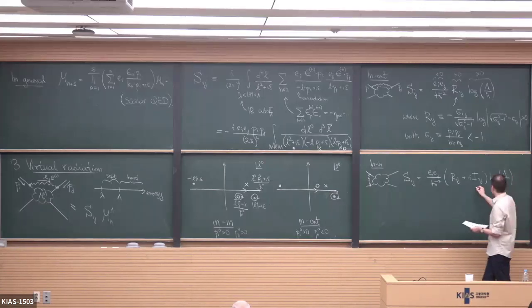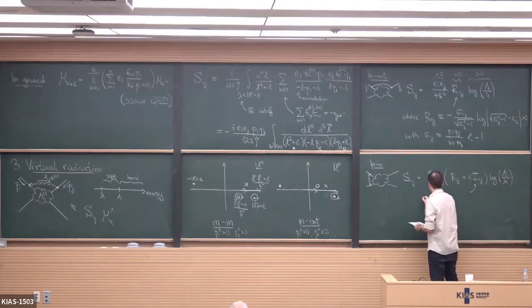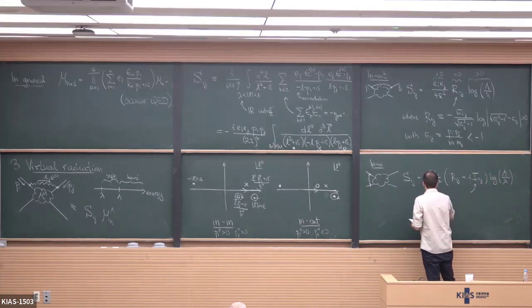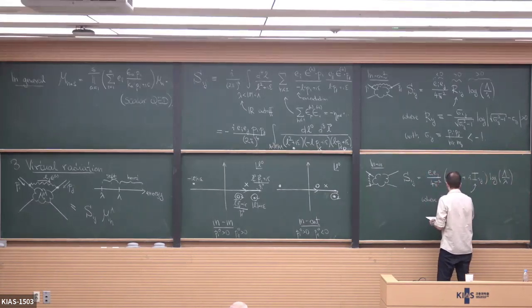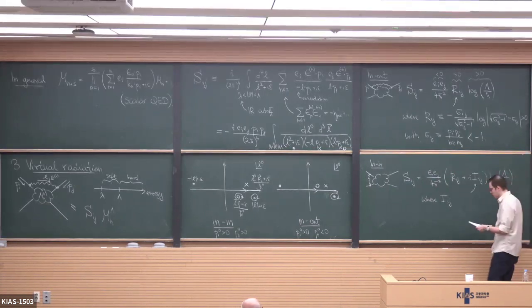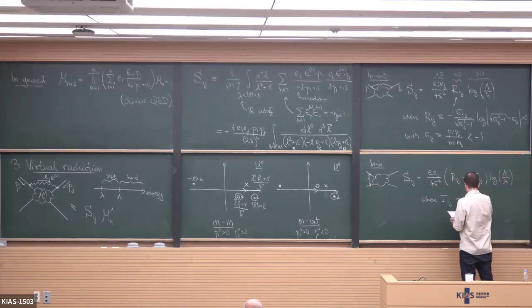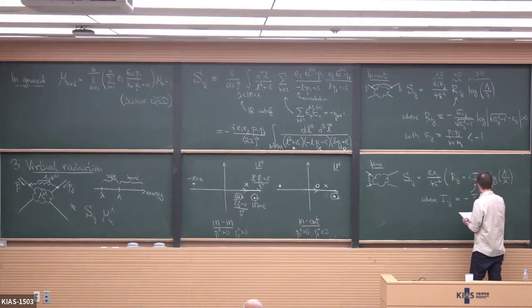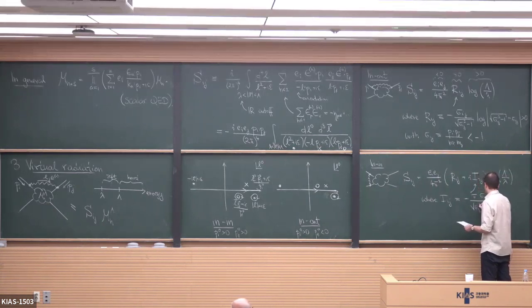All right, with this extra factor here, while this one turns out to be purely real, this one is purely imaginary, multiplied by i. Okay, and the extra factor is equal to minus i pi sigma ij divided by the square root.